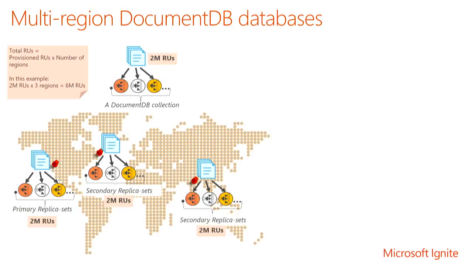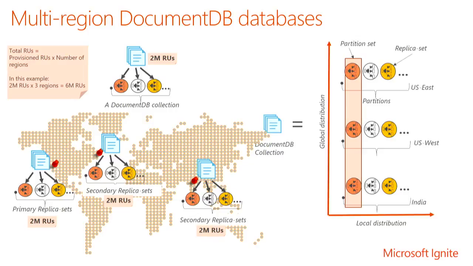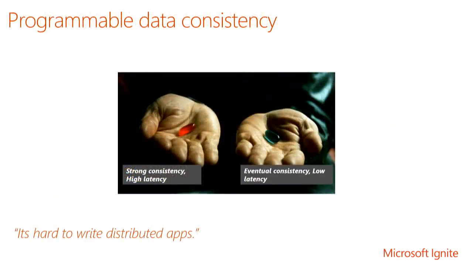Now, each of the replicas you set across geographic regions are actually active, meaning they can serve requests. So if I have a different request volume in different regions, I can dial this knob in different regions. This also gives you a high amount of redundancy for your data to make it very resilient.